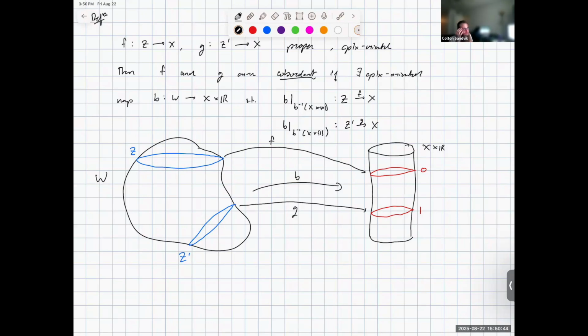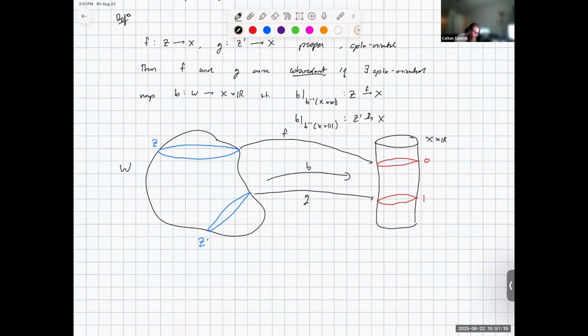If you want to say what it means for two manifolds to be cobordant, or rather bordant, it means there is another manifold whose boundary is those two manifolds. So this is a map definition rather than a manifold definition.